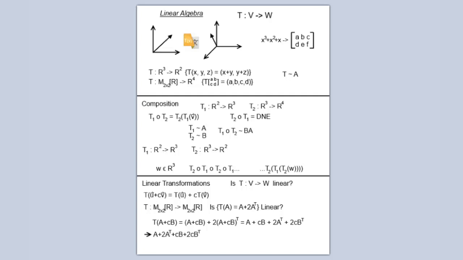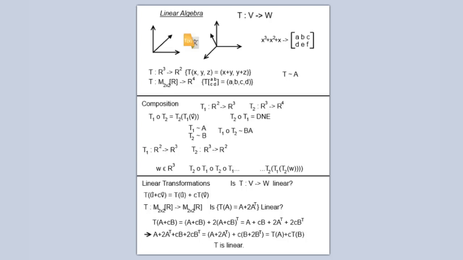This then rearranges to A plus 2A transpose plus CB plus 2CB transpose. And then you factor out the C, and this gives you A plus 2A transpose plus C times (B plus 2B transpose). And this is just T of A plus C times T of B. So this is linear. Again, like vector spaces, look out for addition of scalars to spot nonlinear transformations.